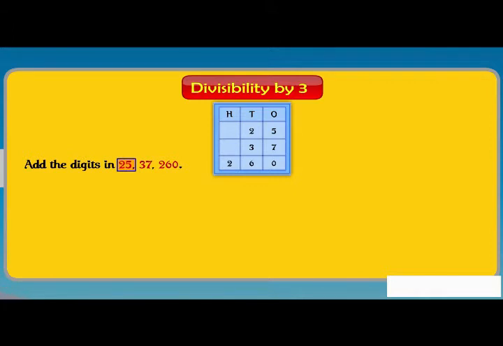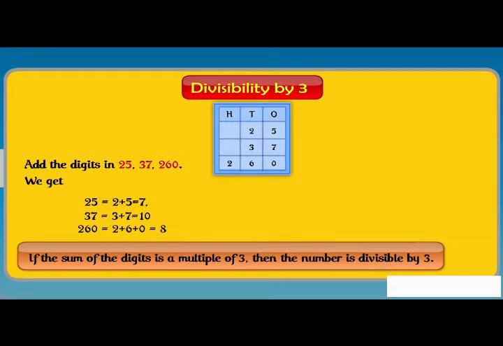Add the digits in 25, 37, 260. We get 2 plus 5 is equal to 7, 3 plus 7 is equal to 10, 2 plus 6 plus 0 is equal to 8. These are not divisible by 3. We say that if the sum of the digits of a number is a multiple of 3, then the number is divisible by 3.